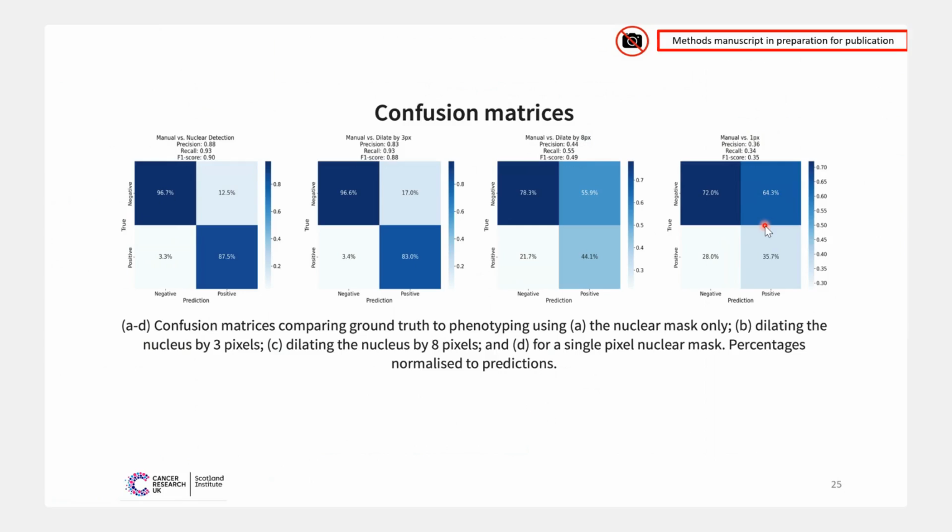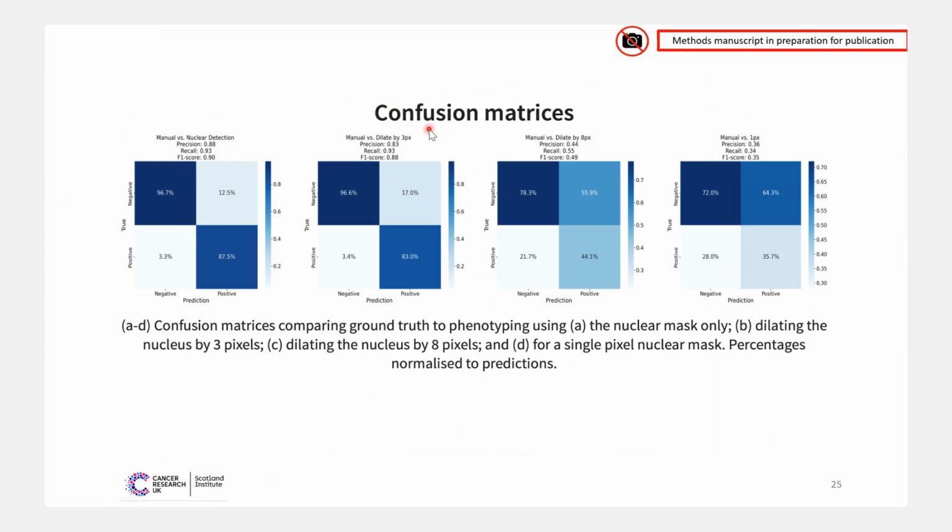And you can see here the confusion matrices from A to D, comparing nuclear detection, dilate by 3 pixels, dilate by 8 pixels, and the 1 pixel group, to the ground truth. You can actually see here that the nuclear detection only, so just a label on the nucleus, was the best and was more comparable to our ground truth annotations.